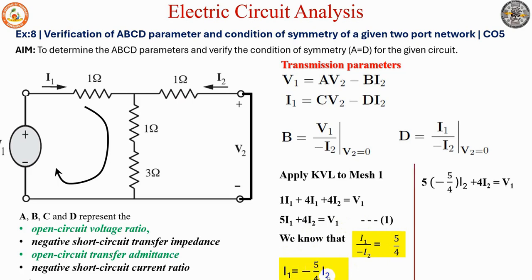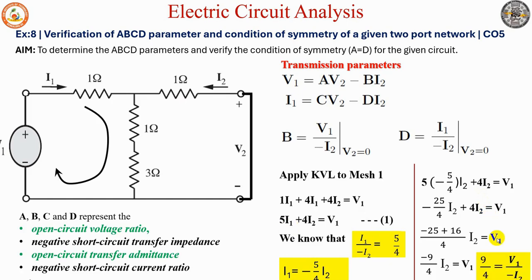So I'll substitute this I1 in equation 1. In place of I1, I'll substitute minus 5 by 4 I2. And as I simplify this and rearrange the equation for parameter B, we get it as 9 by 4. So V by I is.